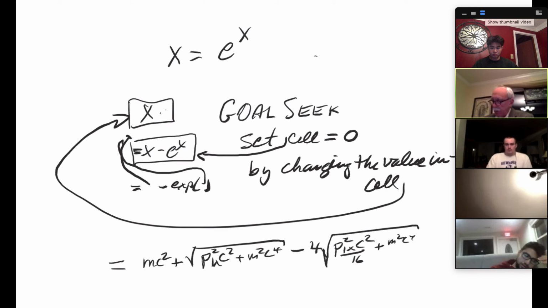And then in the cell you're going to try to solve for, you've got the p1x value. So when you enter these equations, you know mc, you put it in, plus the square root, you go down to this cell and get p1x, squared c squared over 16 plus m to the 4.